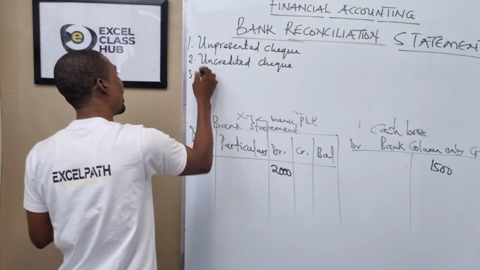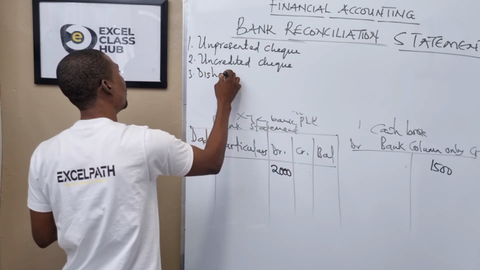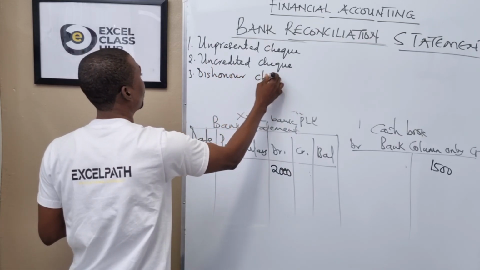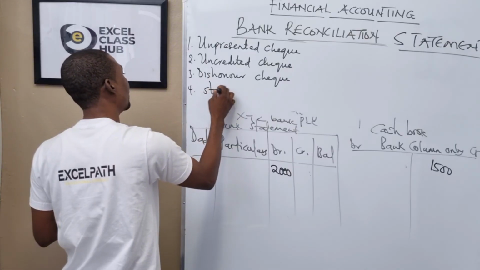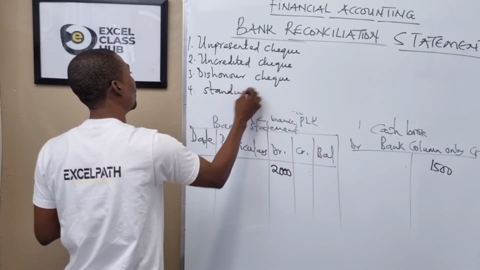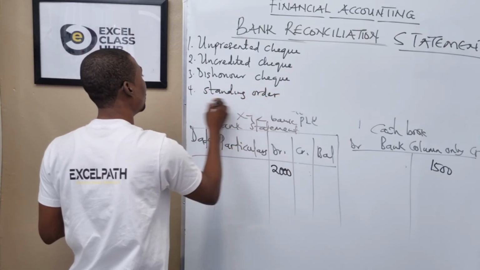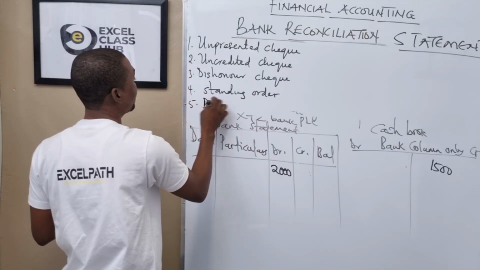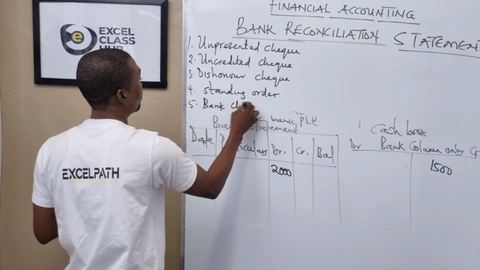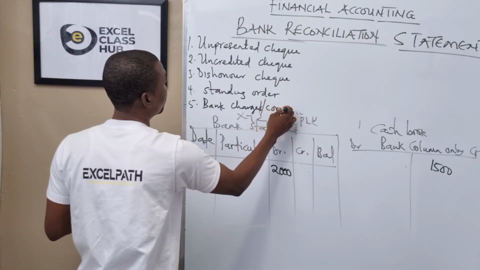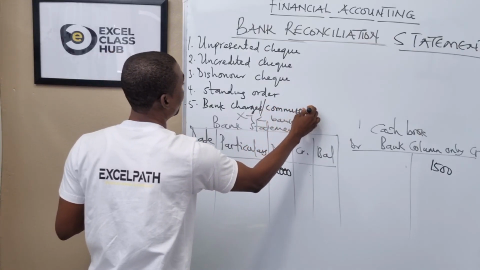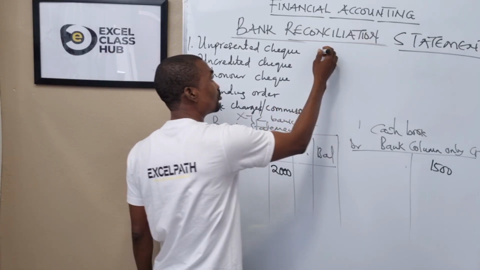Number three, you have dishonored check. Number four, you have standing order. Number five, you have bank charges. You can also call it bank commission, bank charges or bank commission.